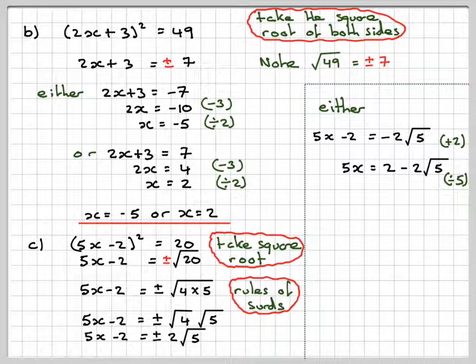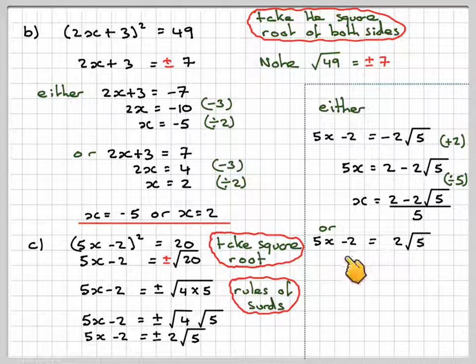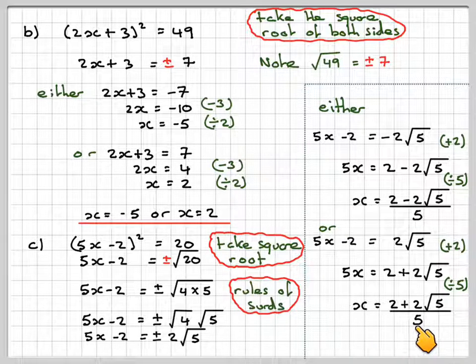And then divide by 5, you're going to get x is equal to 2 minus 2 root 5 over 5. Or 5x minus 2 is equal to plus 2 root 5. And then add 2 to both sides, you're going to get 5x is 2 plus 2 root 5. Divide by 5, you're going to get that x is 2 plus 2 root 5 over 5.